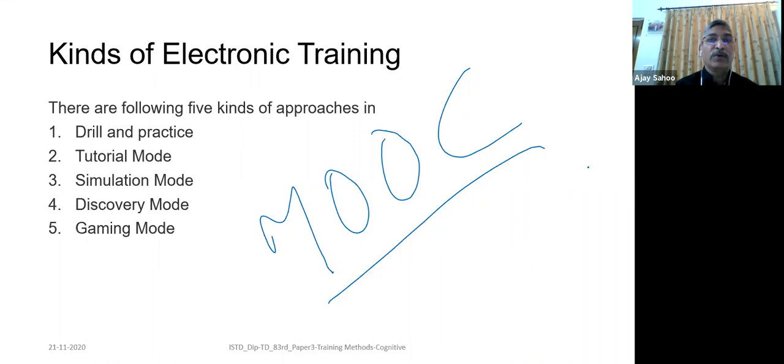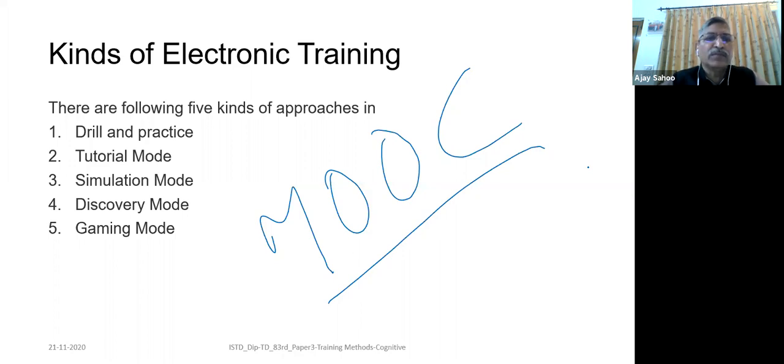And you cannot go on to the second module unless you have completed the test and have secured a prescribed percentage of marks. So the second module would actually be locked. In fact, all of the modules would be locked. You cannot open the lock unless you have done the first one successfully. So this is what is called a tutorial mode in electronic training.